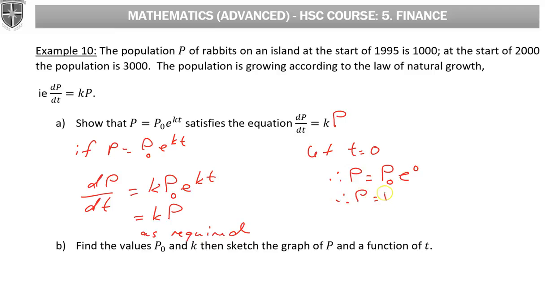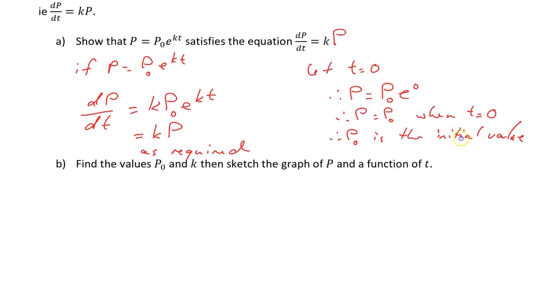Therefore, P equals P0 when t equals 0. So that establishes that P0 is the initial value. We probably need to do both of those things to show that this equation here satisfies this one here.